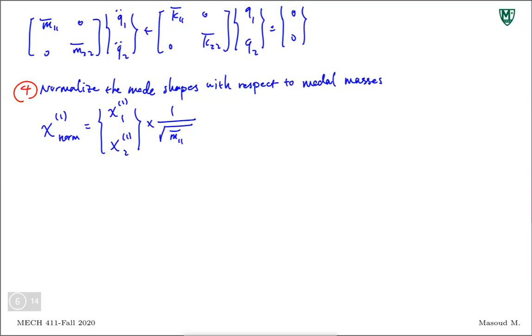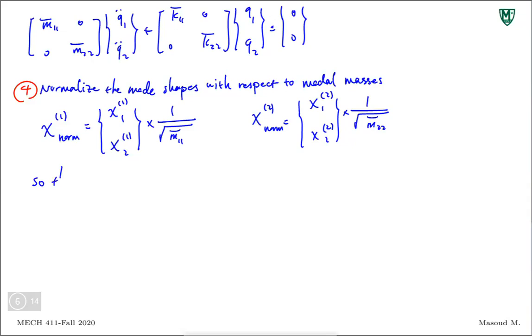This gives you the x1 norm. x2 norm is basically just your mode shape, x21, x22, times 1 over square root of m22 bar.